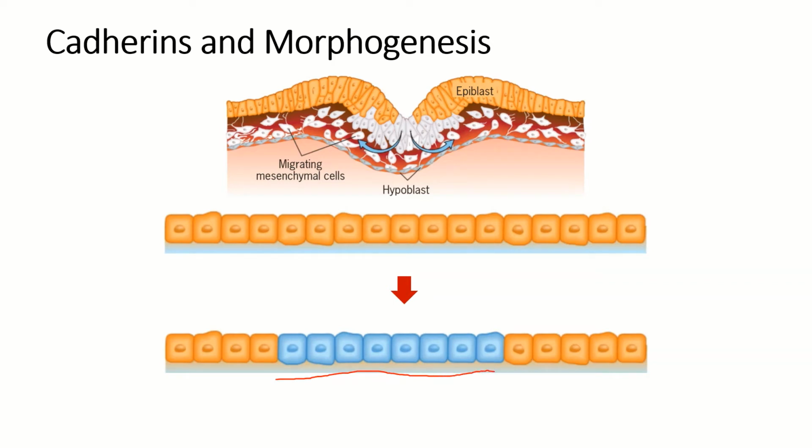These cells are starting to express a different type of cadherin. So there are different types of cadherins, and it's just restricted to the cells here in the center. So you see these cells now will recognize themselves as similar, while this cell recognizes itself as different from the cell that's next to it, because they're expressing different cadherins.